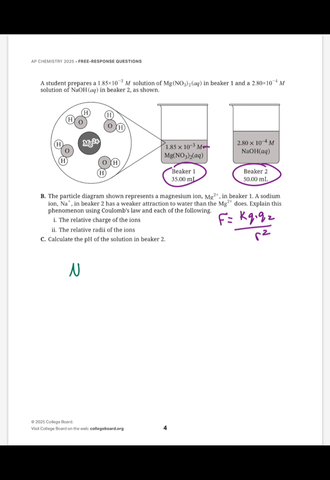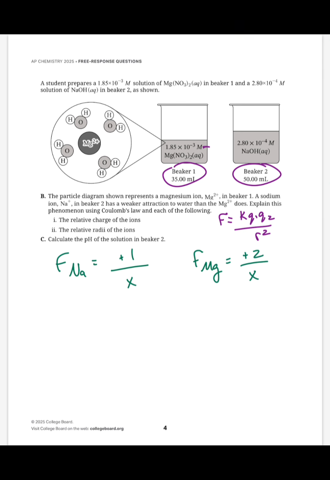So the force of attraction for sodium is equal to, let's say, +1 divided by some value, and the force of attraction for magnesium is equal to +2 divided by some value.